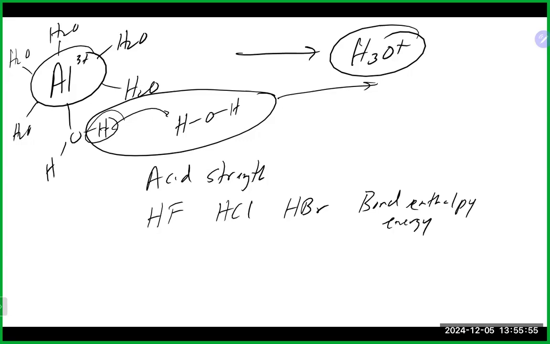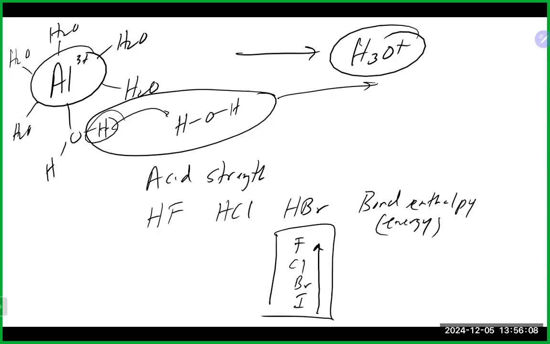That is the most important thing to look at. And when you go up group 7, which is pretty much what you're looking at there, as you go up group 7, the bond energy increases. So the bond energy increases.